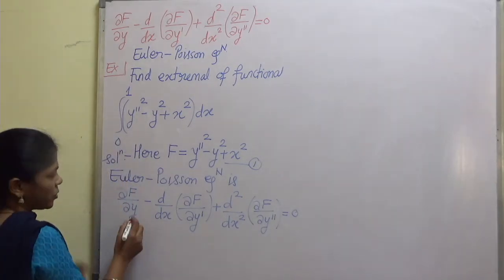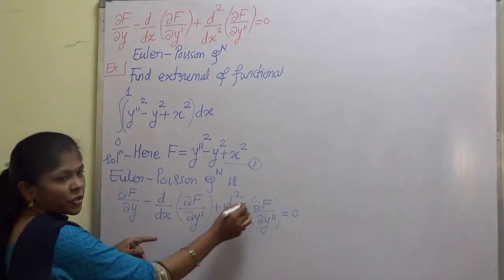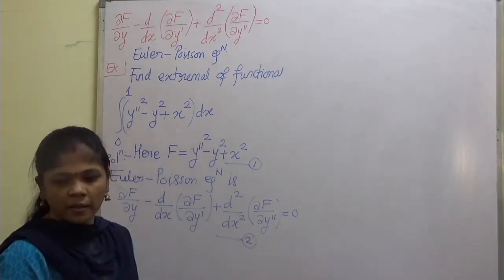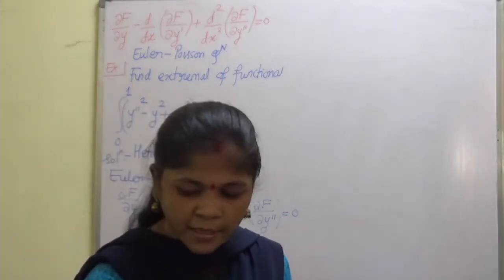Now we need del f by del y dash and del f by del y double dash. So let us find these quantities separately, and then we'll put these values over here.